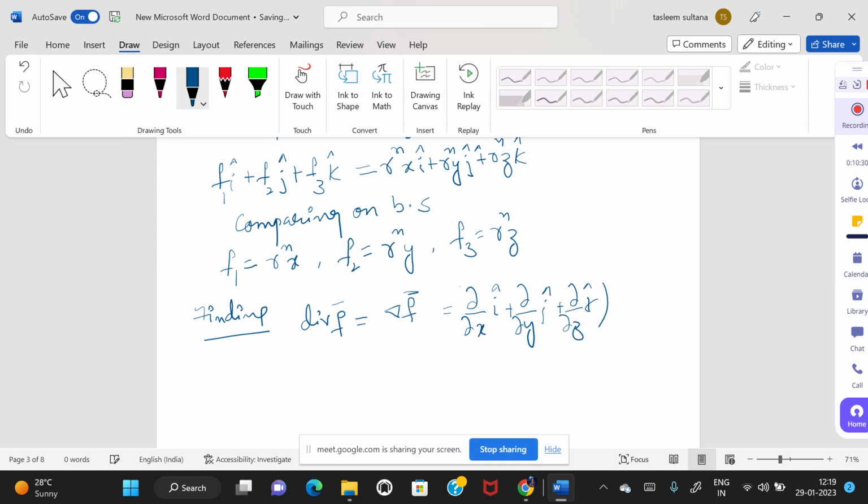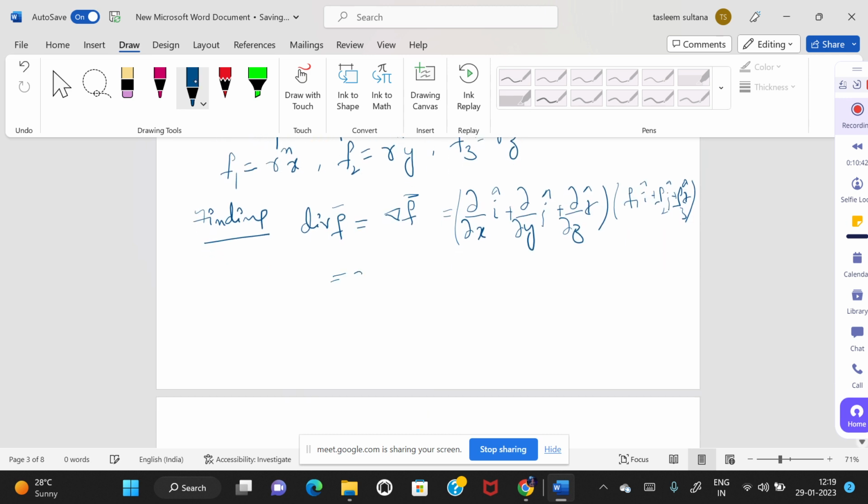Then F vector equals F1 i vector plus F2 j vector plus F3 k vector. It equals dou F by dou x into i vector plus dou F by dou y into j vector plus dou F by dou z into k vector.